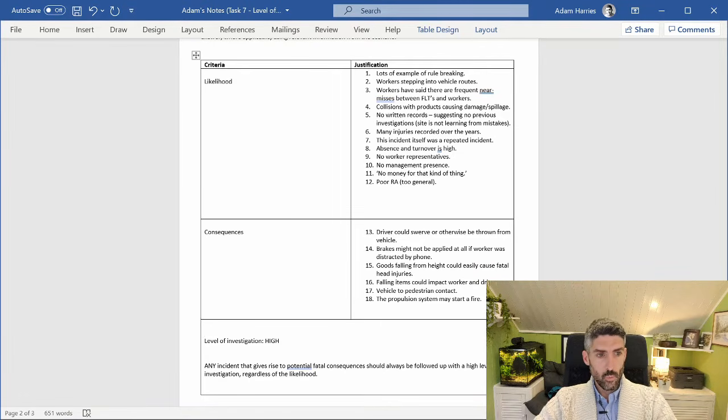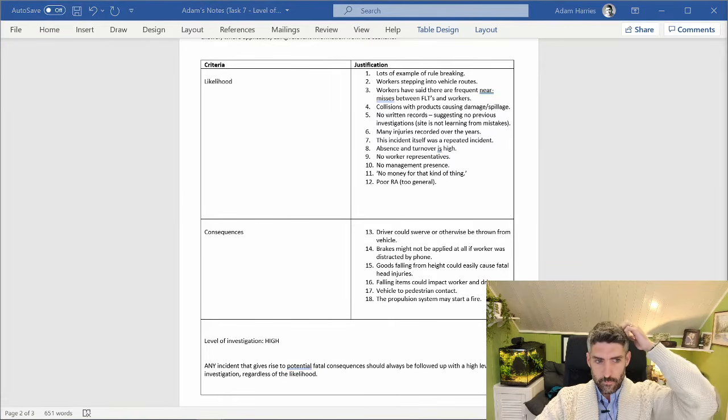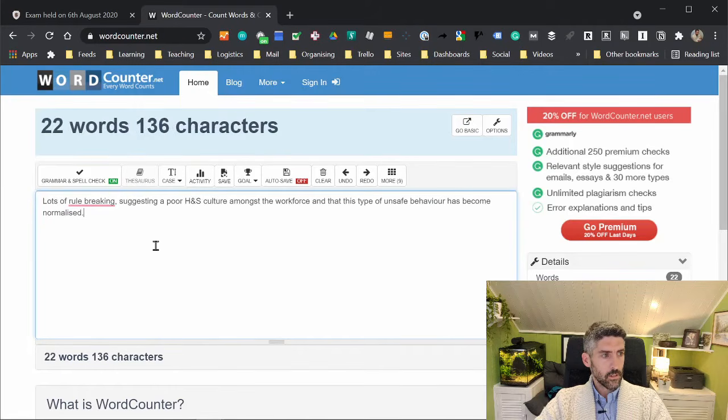So phase 2 would be now to use the information in that table to put together your first draft of an actual answer to the question that you would submit on the answer paper. This needs to be in my own words, but I can and should reference other sources of information such as HSG 245, as an example of that first point that we looked at regarding rule breaking.